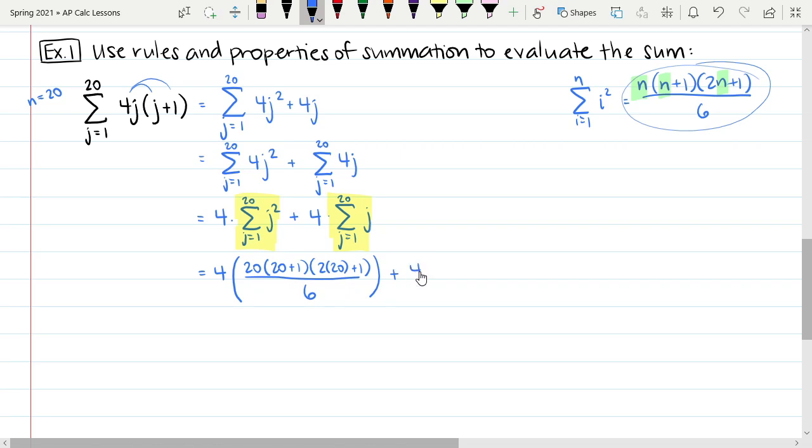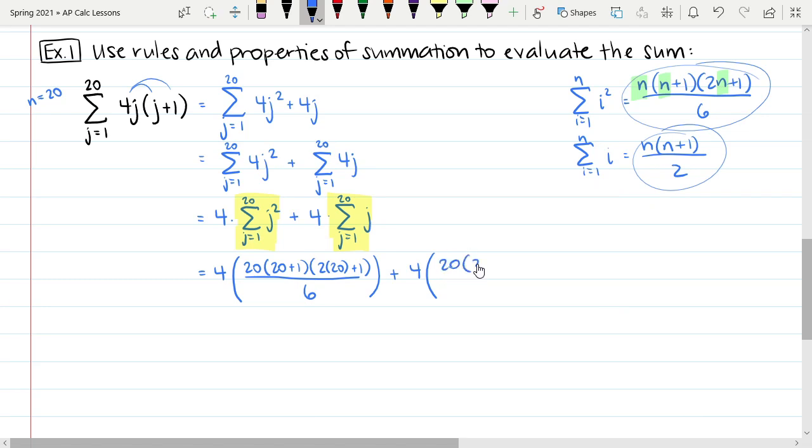And then plus 4 times, now remember for j, the summation of just i was n times n plus 1 over 2. So same idea. For the summation of j, I'm going to just use n times n plus 1 over 2, but I'm replacing the n's with 20 in this particular problem.